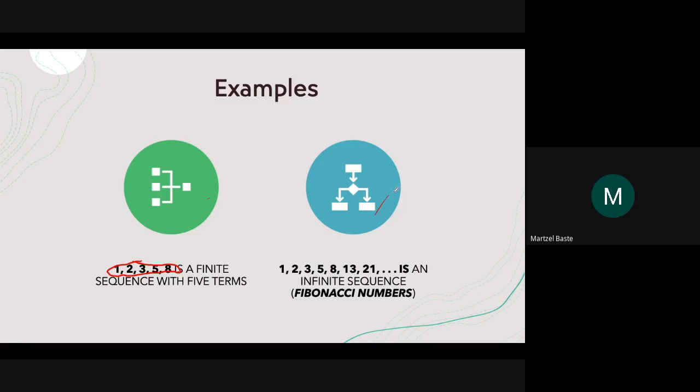Okay, so another example is we have here a number series, and this number series is actually a Fibonacci series, which I will be elaborating on more in module 3.